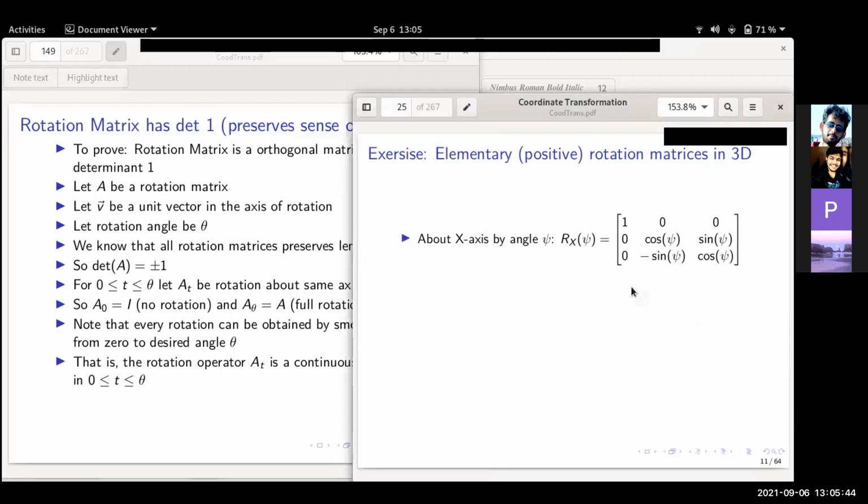That means when psi is continuously changing from 0 to the given angle, the components of this matrix are changing continuously, because cosine, sine, and other constant functions are continuous functions. Any questions here?